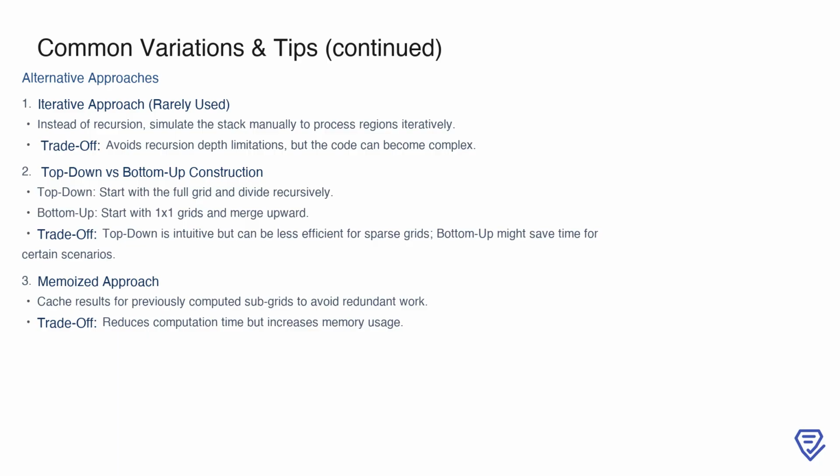Conversely, a bottom-up approach begins with individual one-by-one grids and merges them upward. Top-down is more intuitive but might be less efficient for sparse grids, whereas bottom-up can save time in specific cases. Finally, a memoized approach allows you to cache results for previously computed subgrids, reducing redundant computations. However, this comes with the trade-off of increased memory usage, so it's important to weigh the benefits against the costs depending on the problem's constraints.